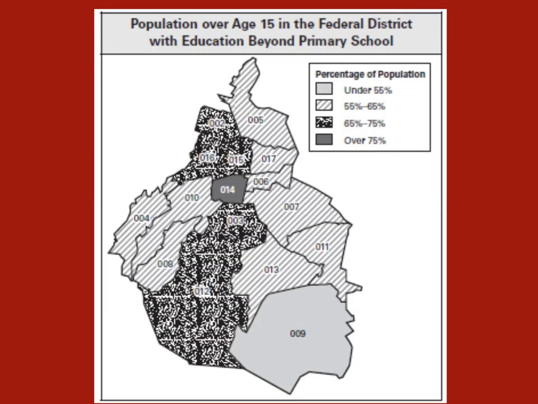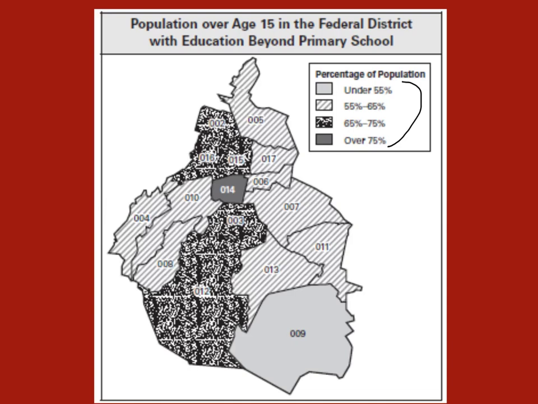The next one we're looking at is the population over age 15 in the federal district with education beyond primary school. Now our percentage was 57%. So again, if we look into these areas right here, we have to decide which grouping we fit into.